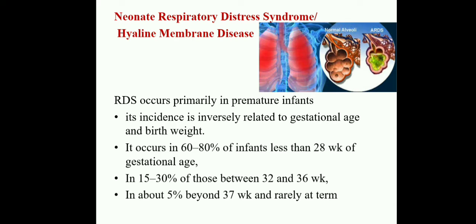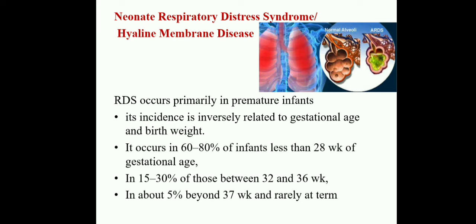If the child is 32 to 36 weeks, the affected percentage is 15 to 30%. If a child is beyond 37 weeks, RDS rarely occurs at term, only 5%. Who are the affected persons? Preterm infants are most commonly affected.